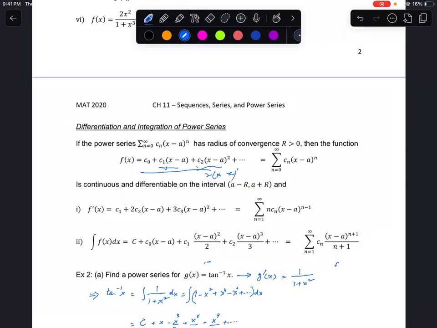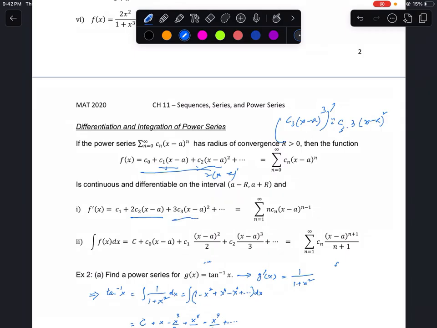So our second term comes out to be 2c2(x minus a), plus, now the next term is c3 times (x minus a) cubed. When you differentiate this quantity, you will get c3 times 3(x minus a) squared. So that is what I have in here, 3c3(x minus a) squared, plus so on and so on.